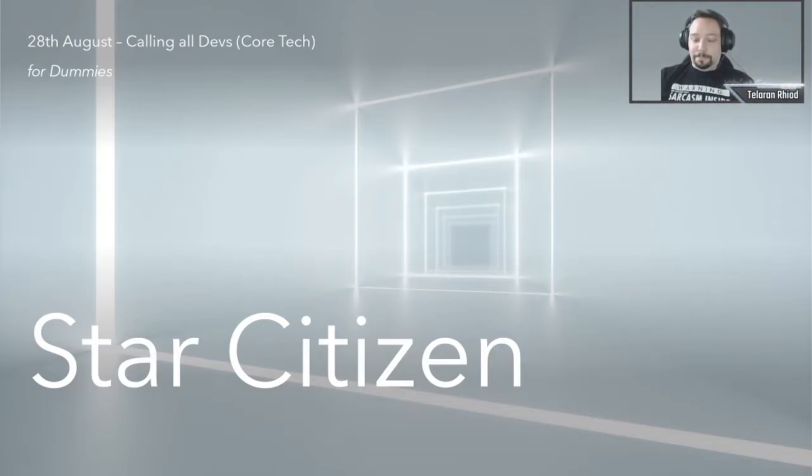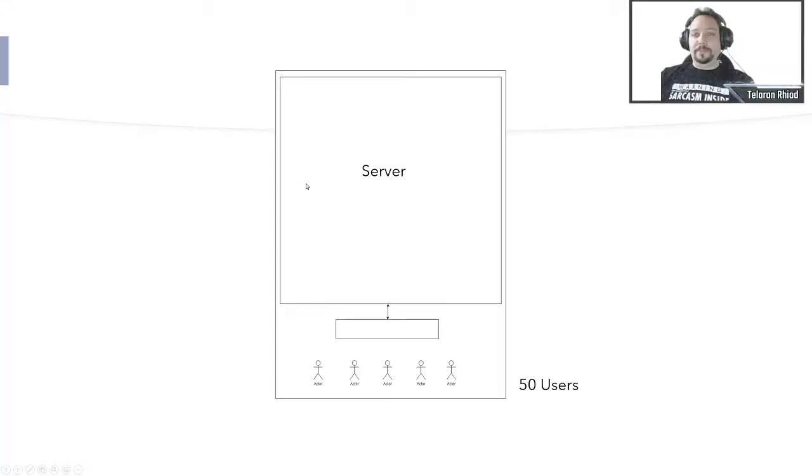Starting, it's important that I give you some pre-assumptions you have to bear in mind. One is the server. We have the server, as you see, the big square, and the server can currently hold 50 users.